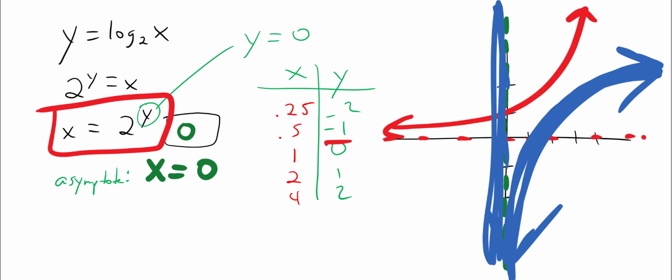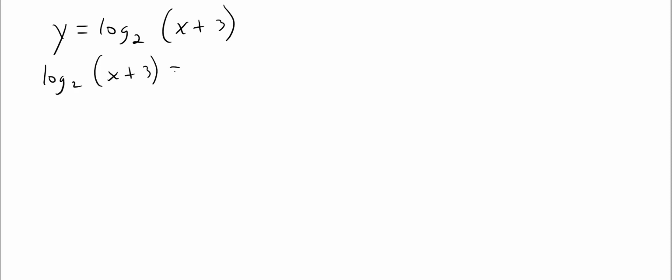So let's do a little crazier one. y is equal to log base 2 of x plus 3. Okay, so again, if you need to write it this way, log base 2 of x plus 3 equals y, and then if it helps you now to write as an exponential, 2 to the y equals x plus 3.